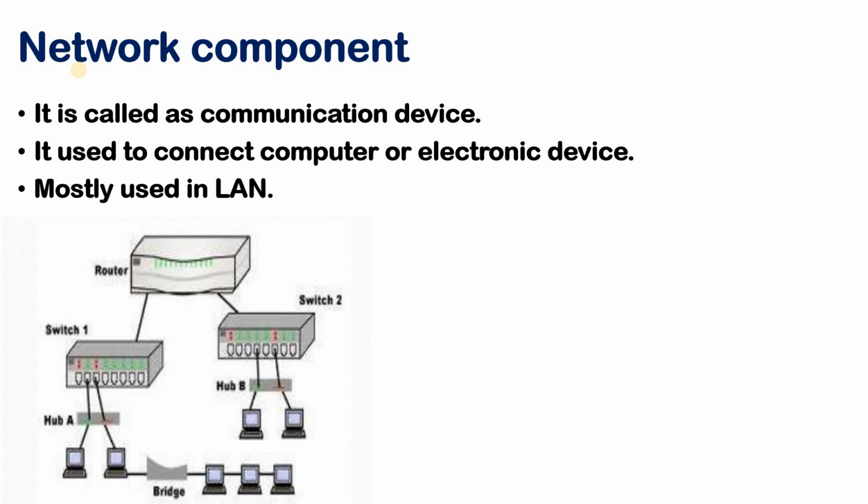We can call our relatives via WhatsApp call or normal conference calls, because we are getting those kinds of facilities through the internet connection. So it is used to connect computers or electronic devices.